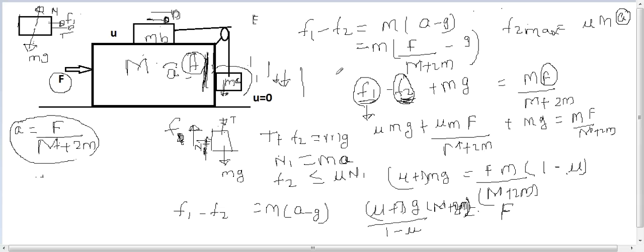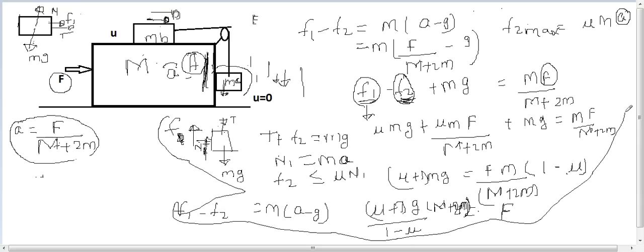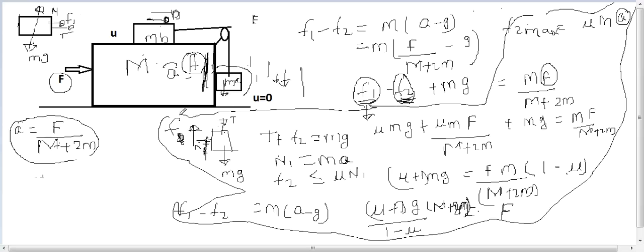Let me erase it. So we had found the maximum value, now we are going to find the minimum value. Here you should notice this equation, so I will erase this.